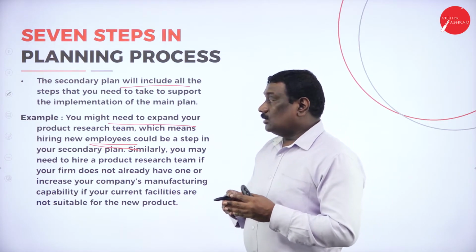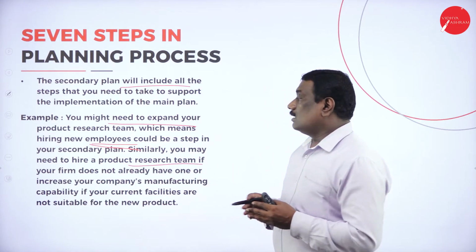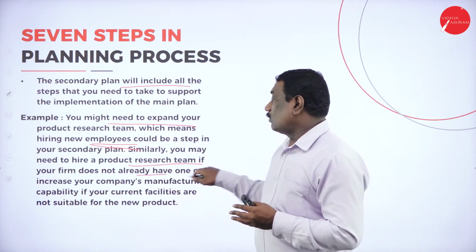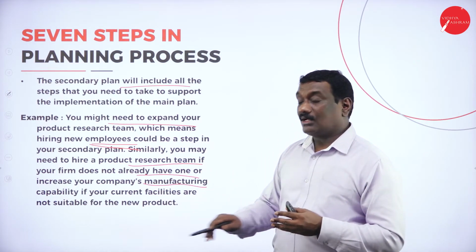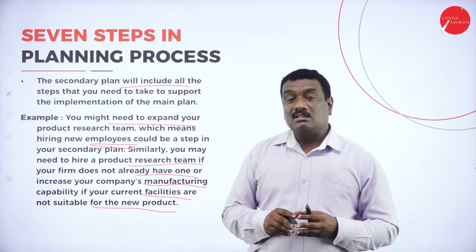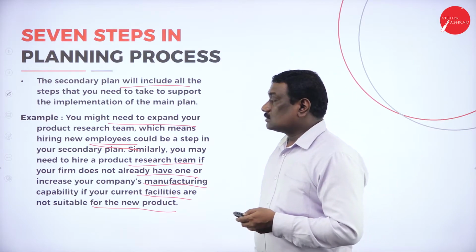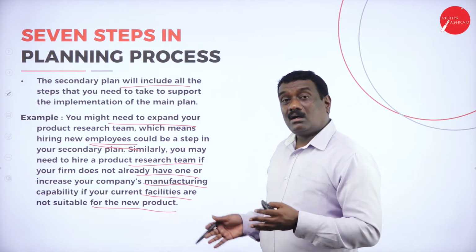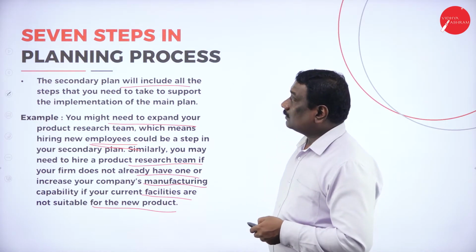Similarly, if your firm does not have the manufacturing capability or facilities for the current situation, then it's not suitable for the new product. So you are not able to manufacture or come up with a new product. For that, you need a secondary plan for the main or primary plan.